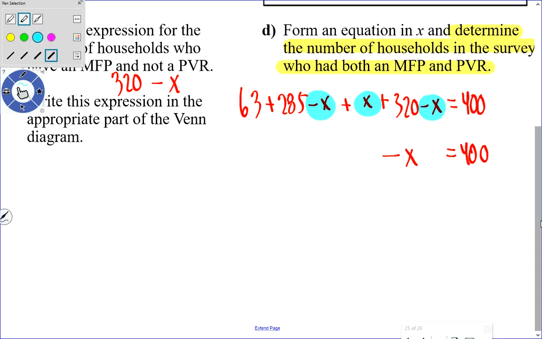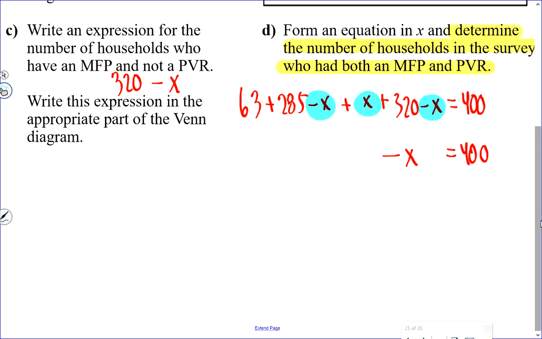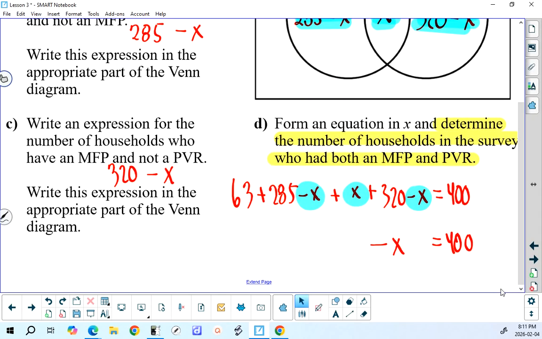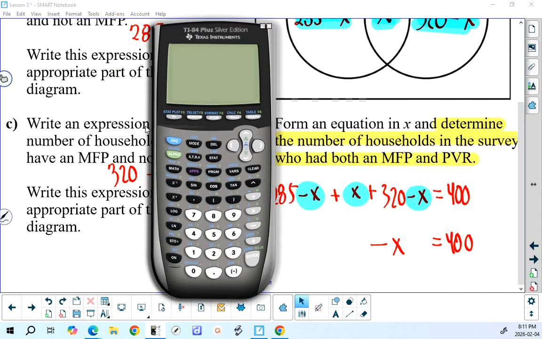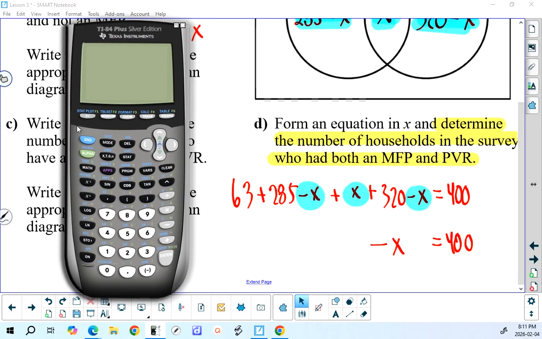So now I'm going to add some numbers together with my calculator, because it's getting late in the day for me to do mental math. I'm going to figure out what that 63 plus the 285 plus the 320 is. I get 668.